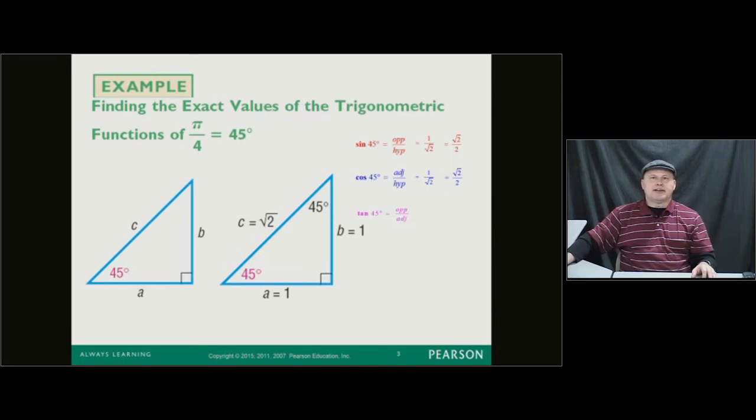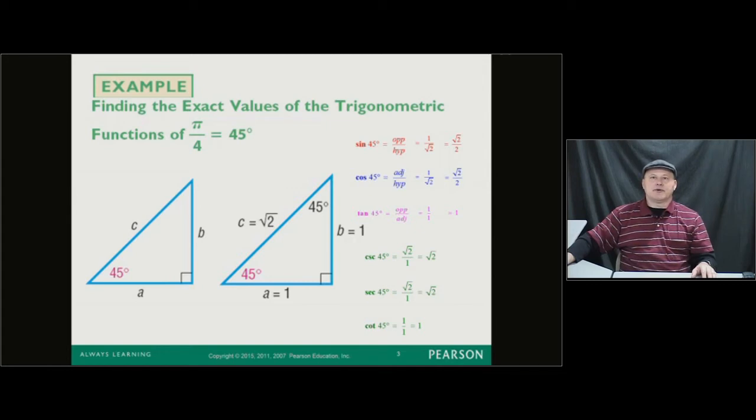All right, so the tangent of 45 degrees is opposite over adjacent, and they're both 1s. B and A are both 1s, and so the answer is 1. So yeah, if you take the tangent of 45 degrees on a calculator, if your calculator is in degree mode, you would get 1. And the remaining 3 are just the reciprocals of these 3. So if you take the cosecant of 45 degrees, it's the reciprocal of sine, recall, and so that's going to be just the square root of 2.